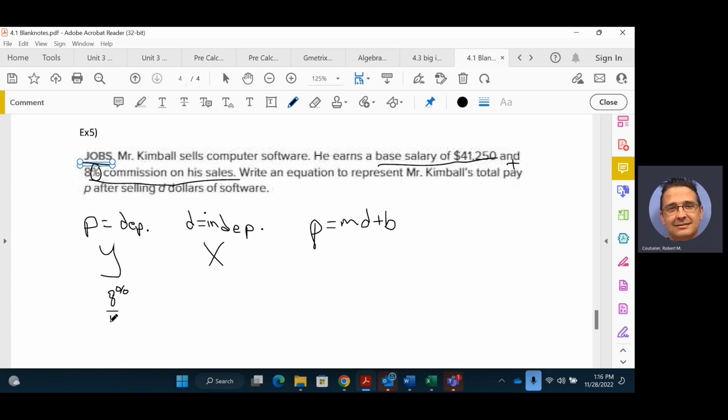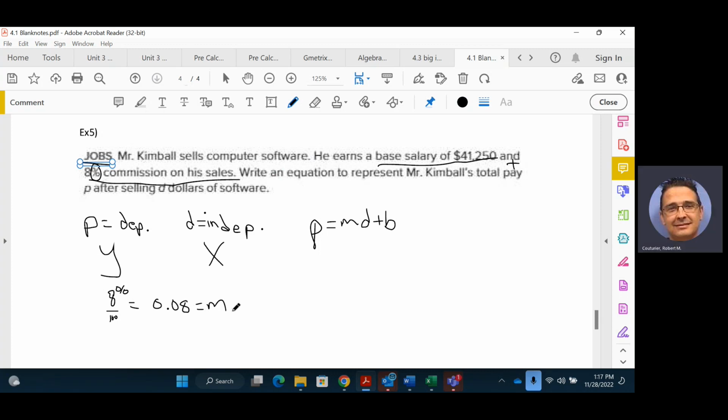We have to divide it by 100 and give it a mathematical value we can use, because not every calculator has a percent symbol. The ones we use in class do not have a percent symbol, so we can't just use a percent button. We have to turn it into the decimal. So you take 8 divided by 100, and what do we get? We get 0.08, which is our M.